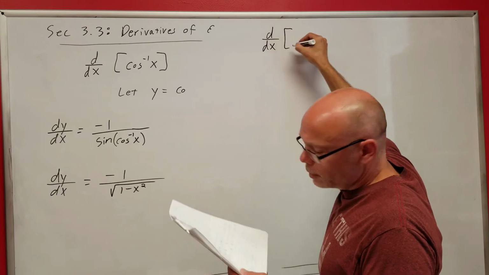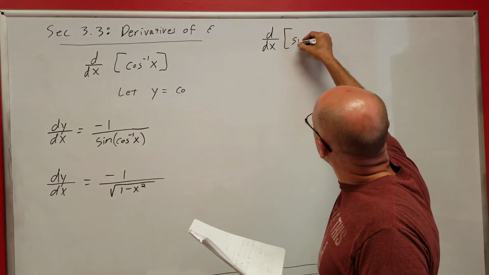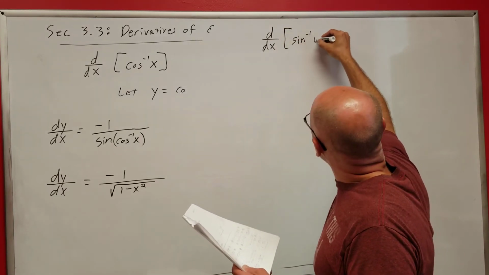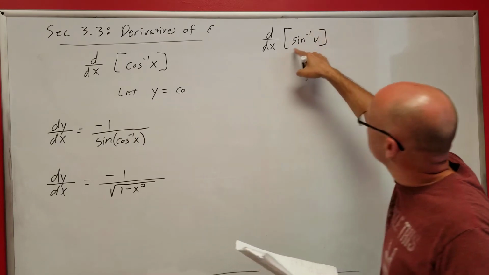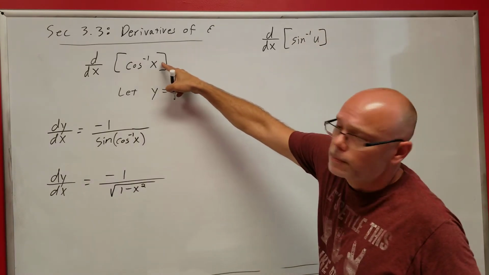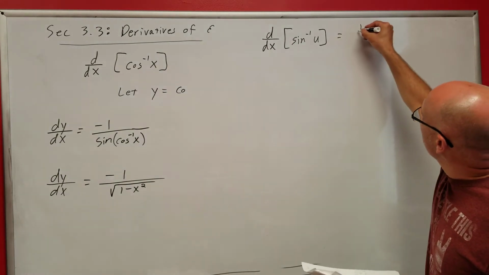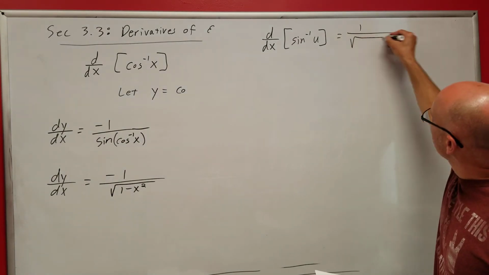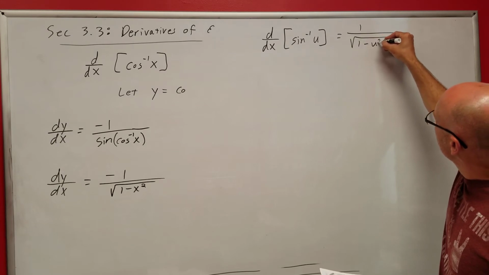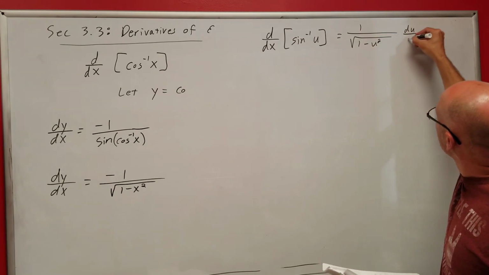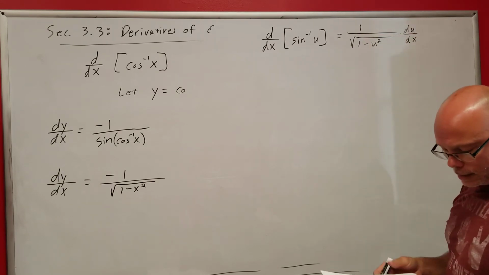All right, let's look at some derivative formulas. Suppose we have the derivative with respect to x of the inverse sine of u. Now we're looking at u, not just x being there. U could be some function of x. That's going to be 1 over the square root of 1 minus u squared times du over dx.